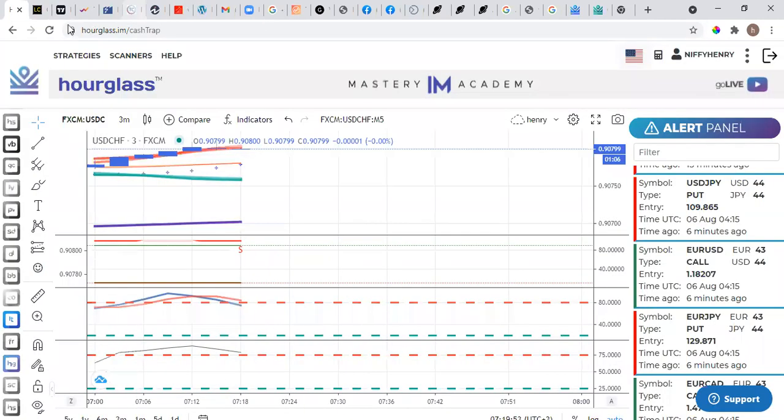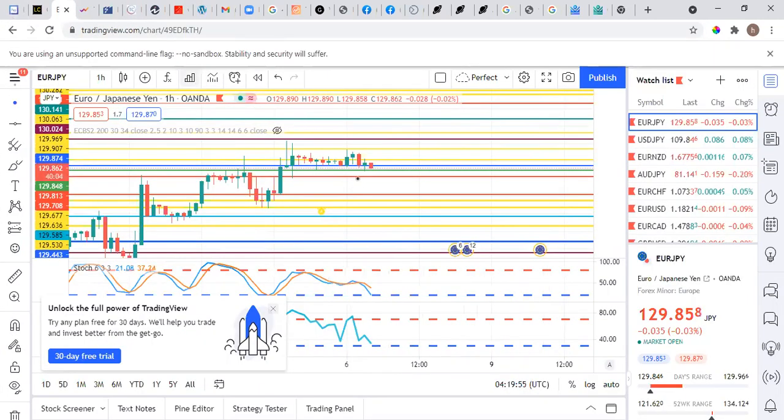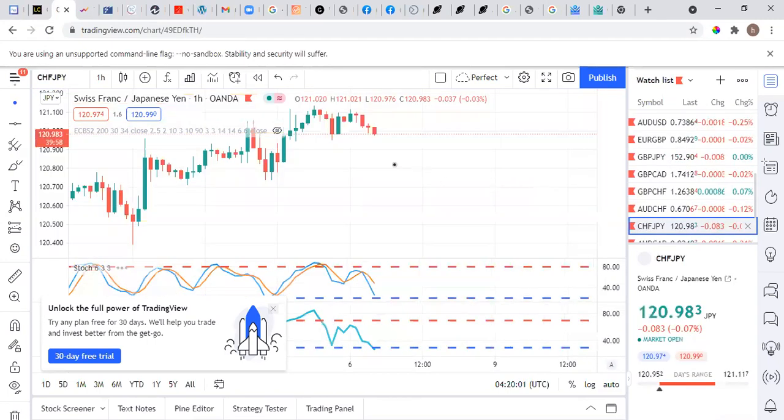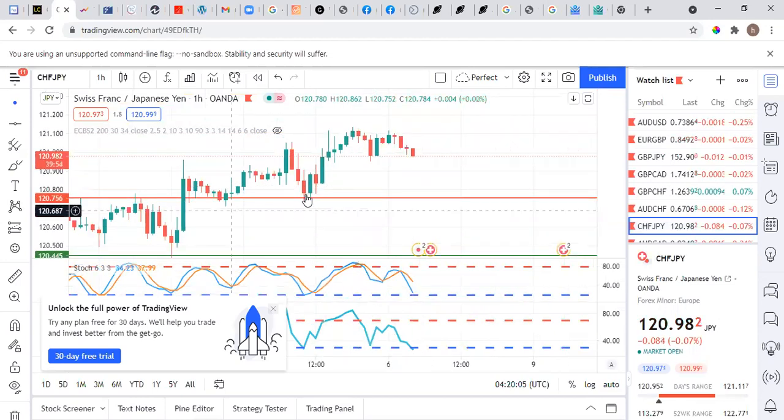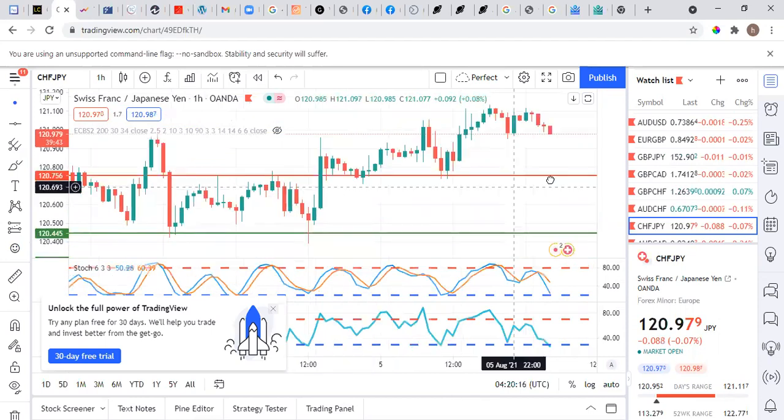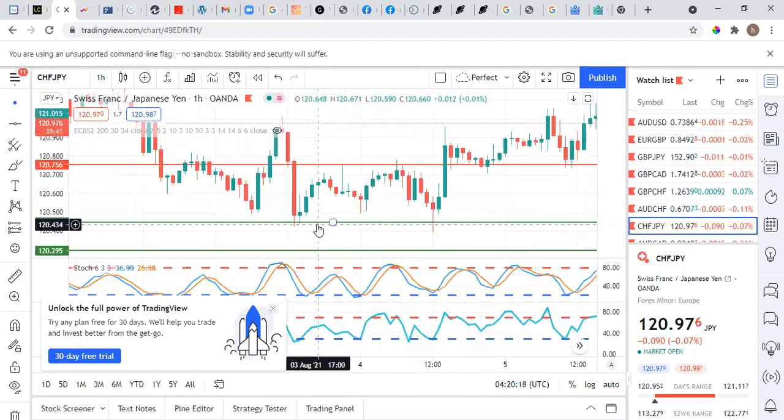But what you need to know is that whenever your candle, let me pick another currency pair, this one is looking clumsy. See this one, I didn't just draw this one, see how it has been playing out. Let me start with this green line.